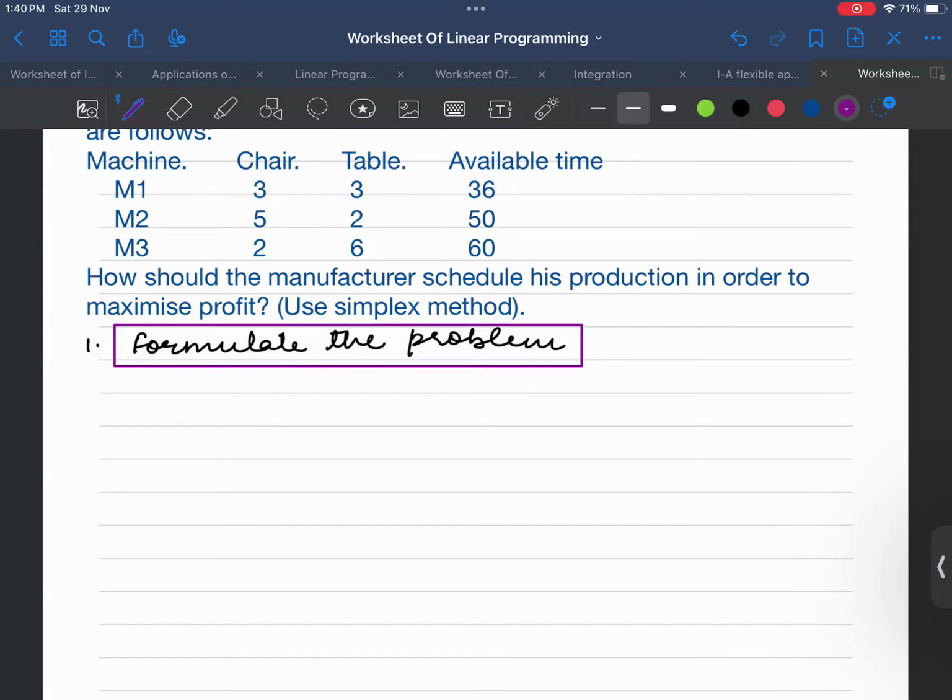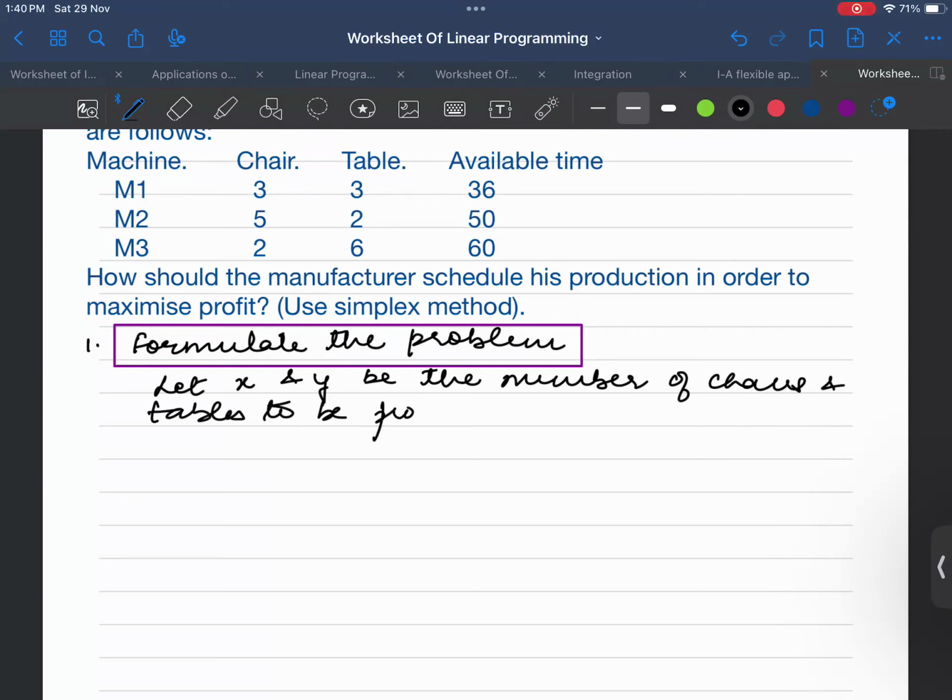Right? So in the formulation, let x and y be the number of chairs and tables to be produced per week, because in the question it is given per week, respectively.